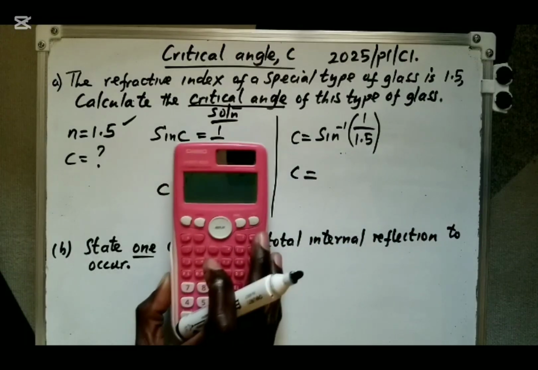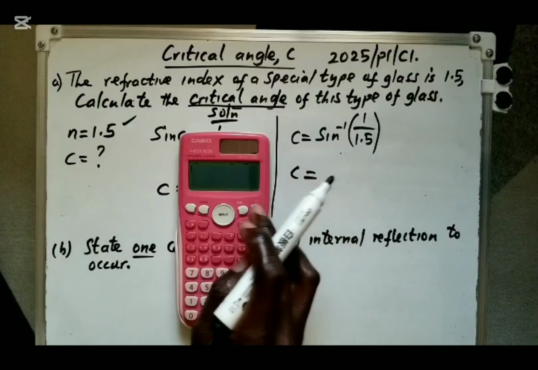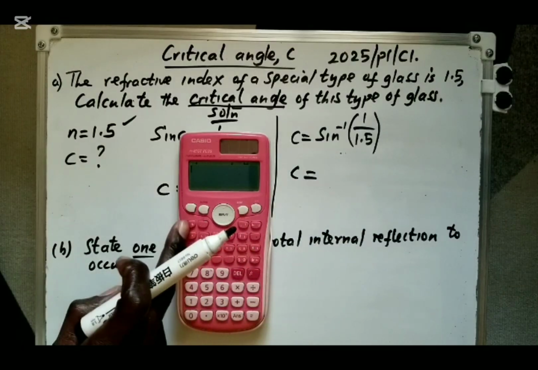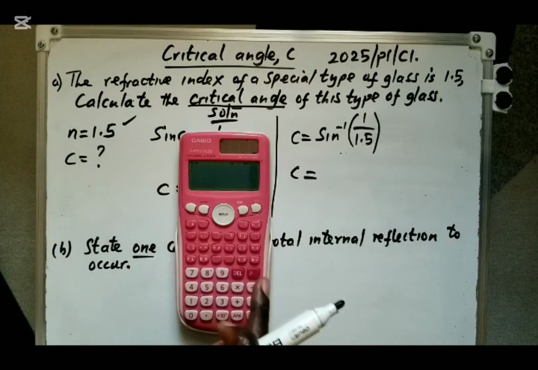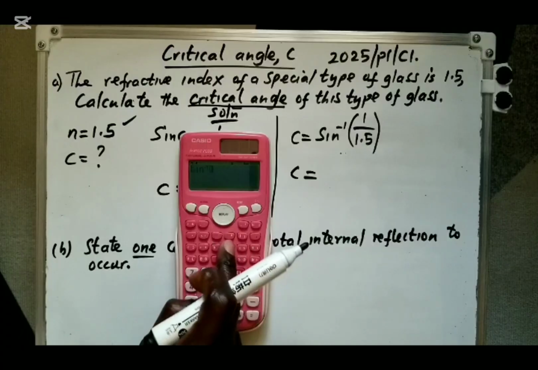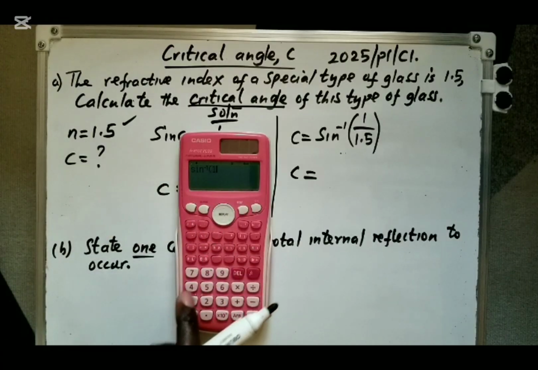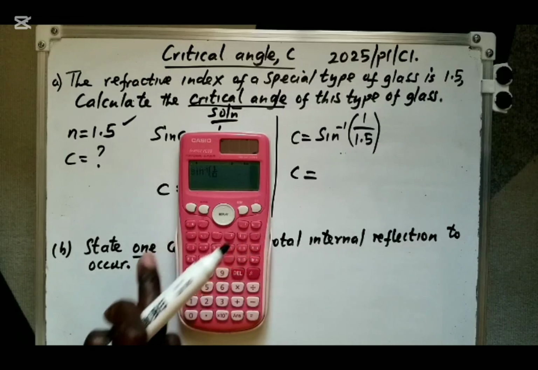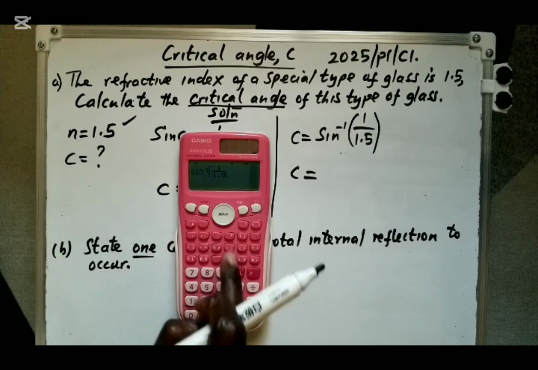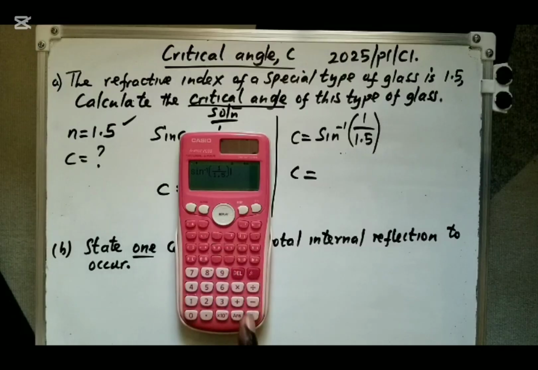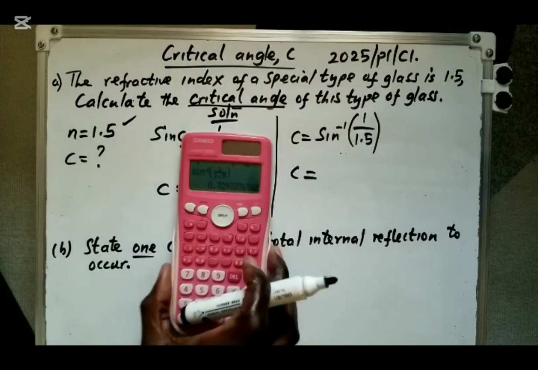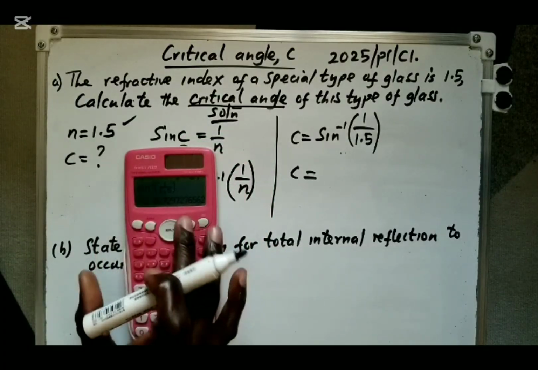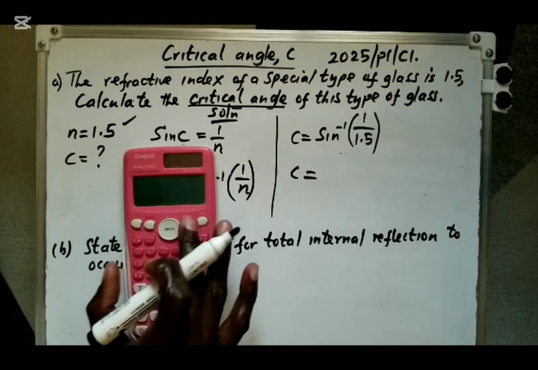So when you're typing it on the calculator to extract the sine inverse, you press shift or second function if it is there on your calculator, then you press sine, that will give you inverse. Then you can type in 1 over 1.5, and you can close it in brackets. Sorry, I was doing some additional mathematics questions, so my calculator is in radians.